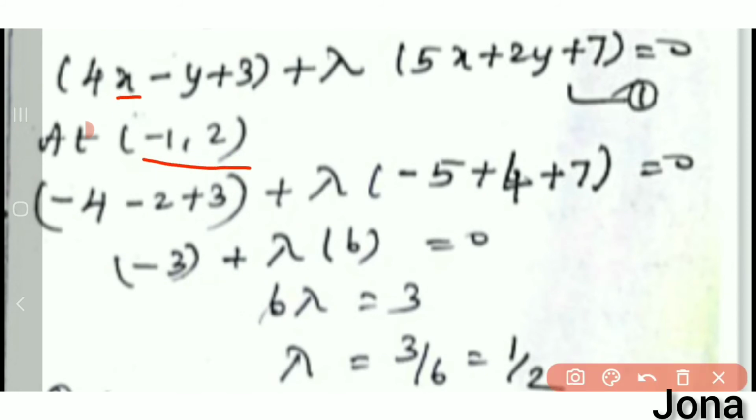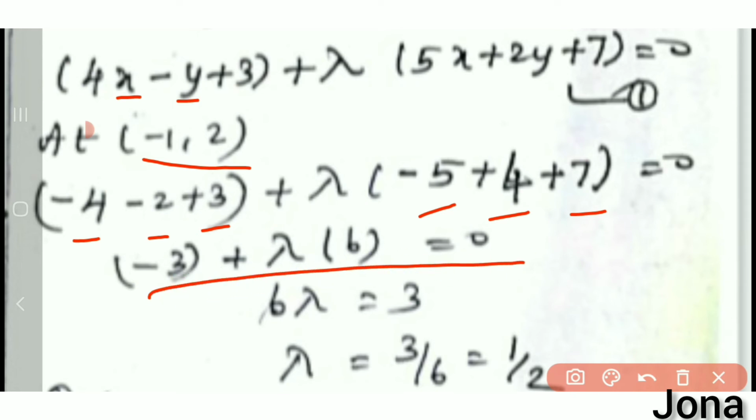Therefore, we have minus 4 minus 2 plus 3 plus lambda into minus 5 plus 4 plus 7 equal to 0. Minus 3 plus lambda of 6 equal to 0. Therefore, 6 lambda equal to 3, so lambda equal to 3 by 6, which is 1 by 2.